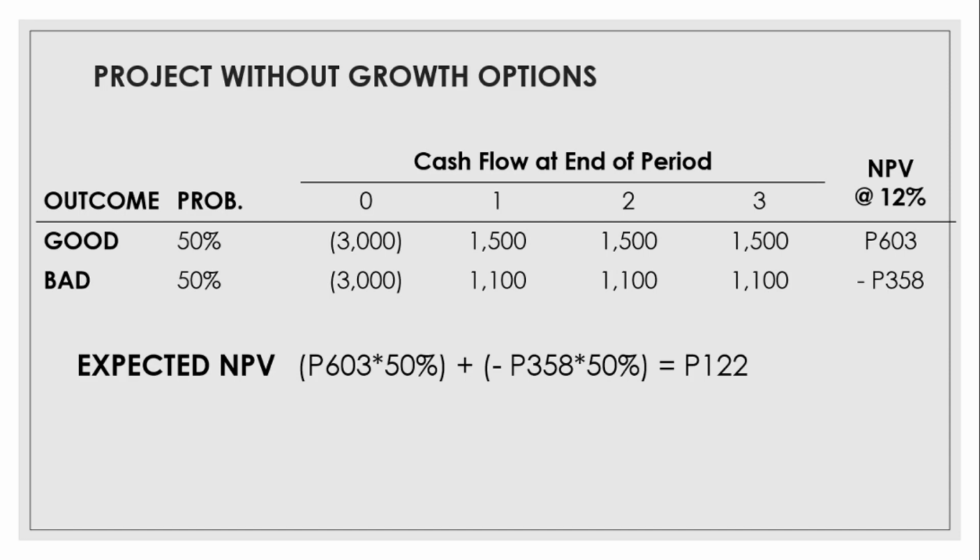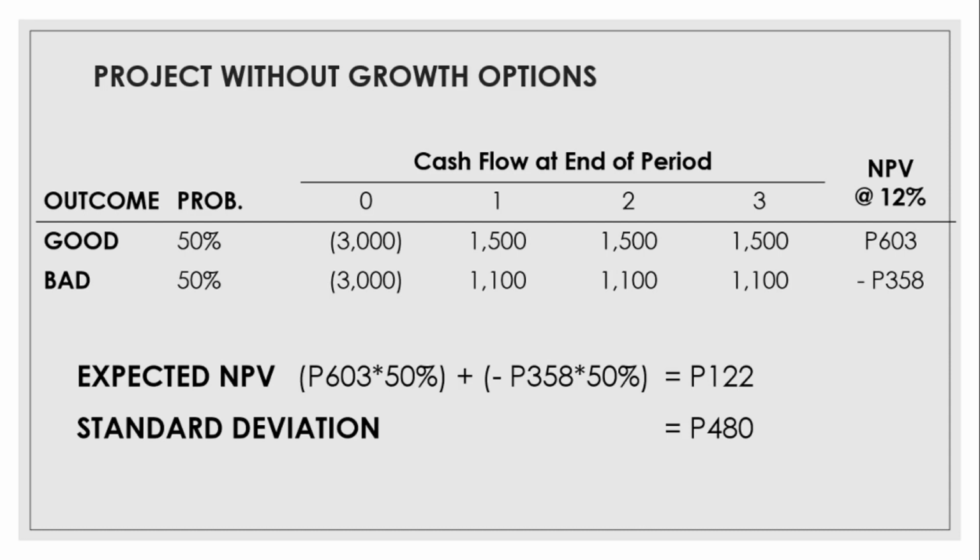Now let's compute the standard deviation. So the standard deviation is 480. In this video, we will not illustrate how we got the standard deviation. It is understood that all of us already have the knowledge of standard deviation.